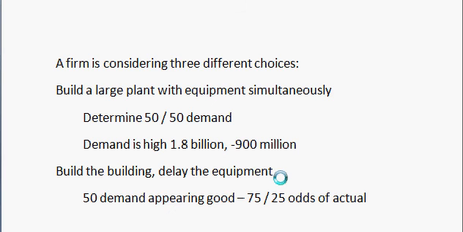You can think about this as like a market research study, only we are getting some information, but not perfect information, just by waiting. We have the 50% demand appearing bad, and then that will be the opposite, so 25-75.